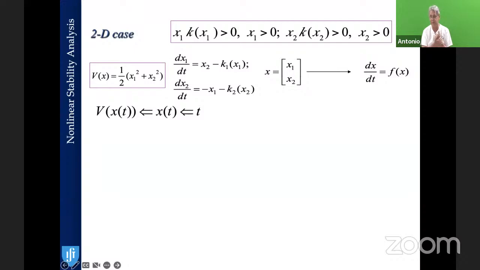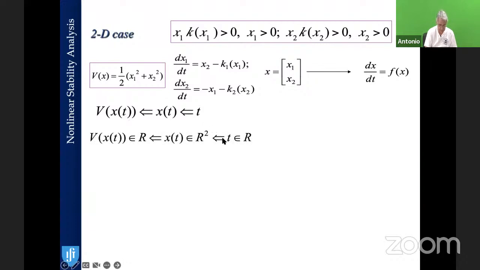So you have a composition of functions from t to x and from x to V of x of t. So how do you show that dV/dt is less than 0? You do exactly the same steps. You do the partial of V with respect to x, and then you compute the derivative of x with respect to time. It's slightly more complicated because this is a scalar, this is a vector, and this is a scalar.